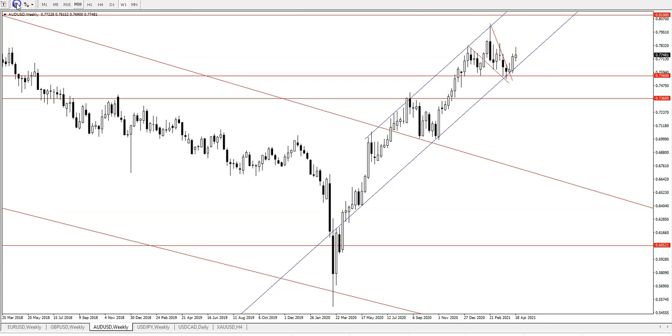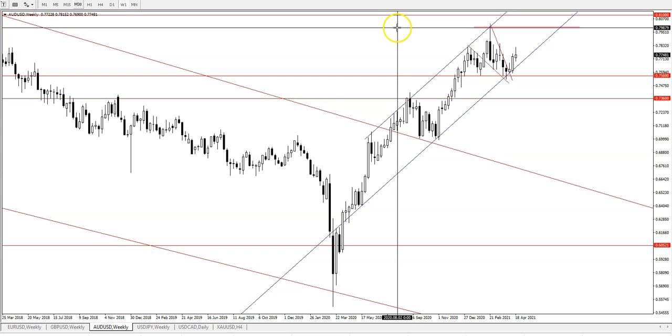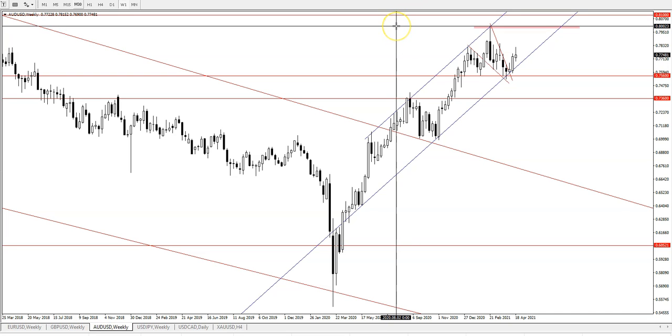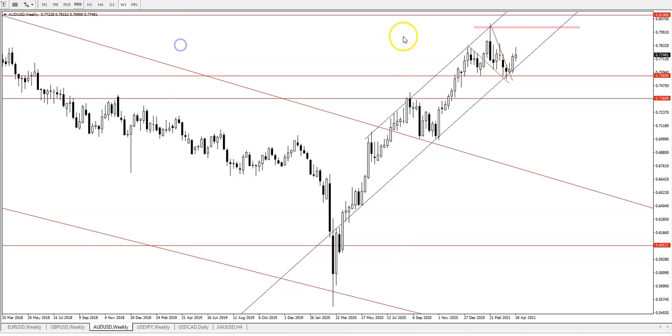And the next target will be around this level, which is the 0.8 level, and that is my next target from here.